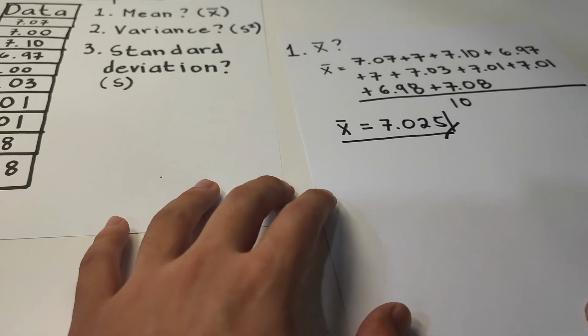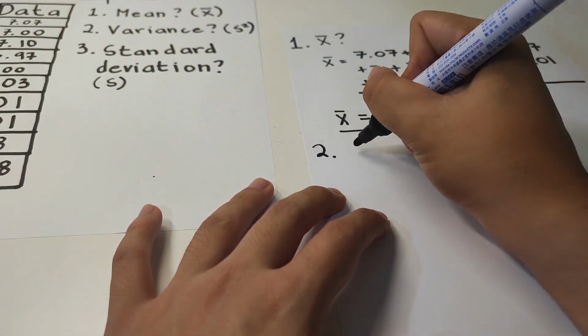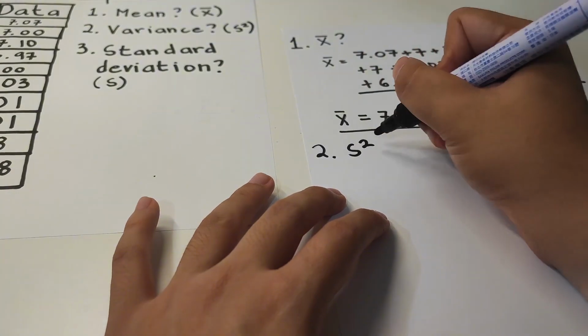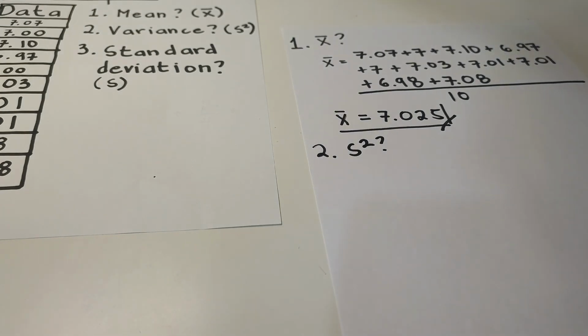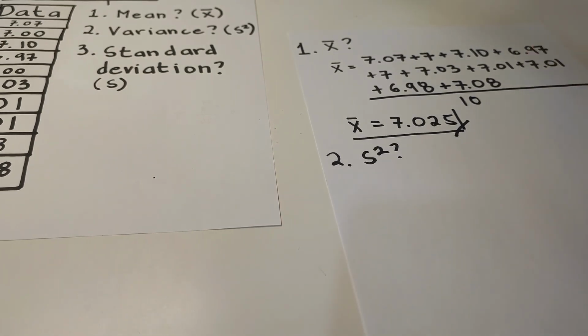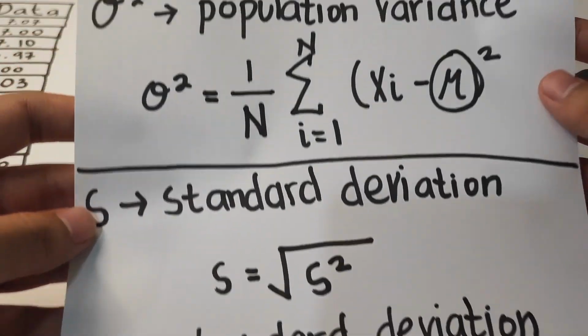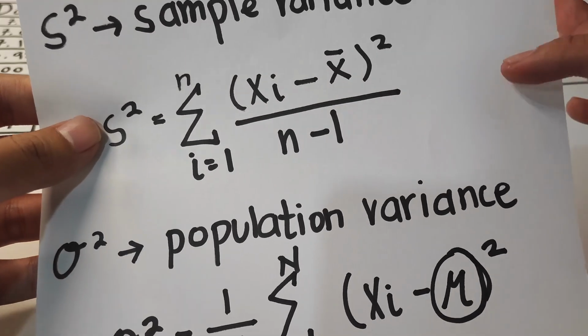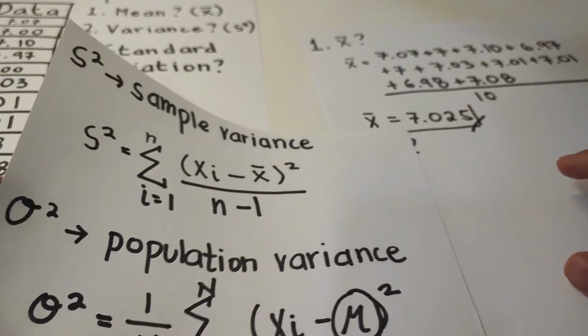And now, for number 2, what about the variance? Now remember, if you still remember, the formula is right here. This is the formula for sample variance. Now, let's just plug in the values.